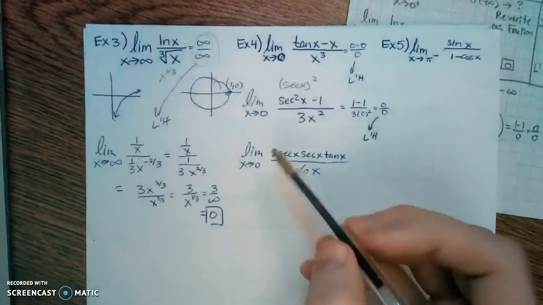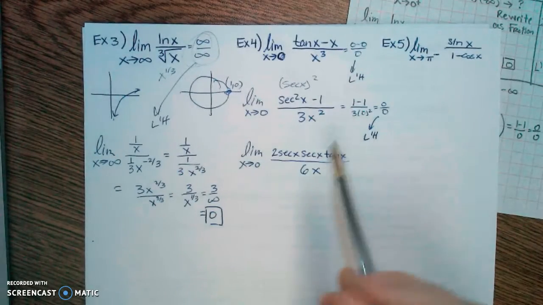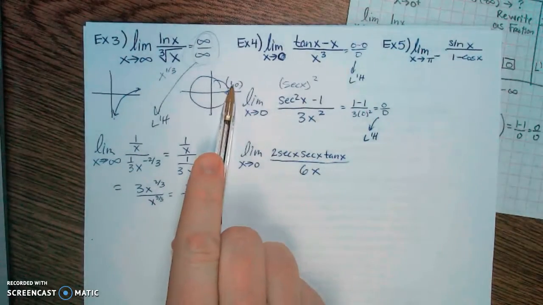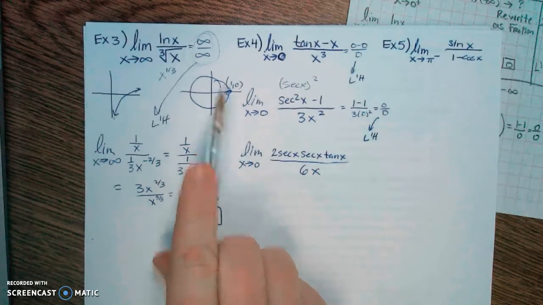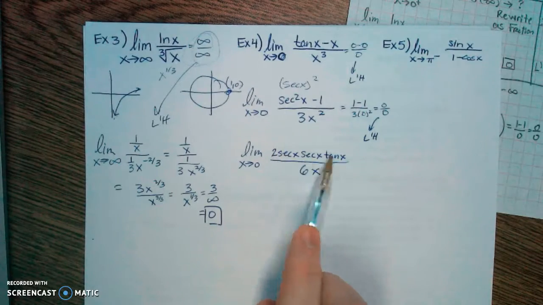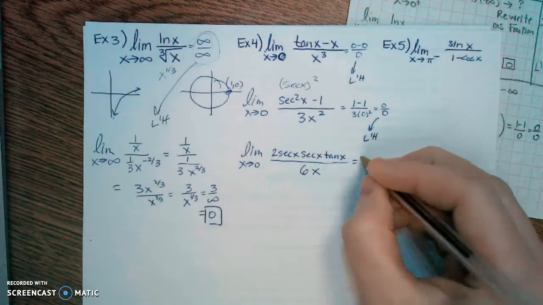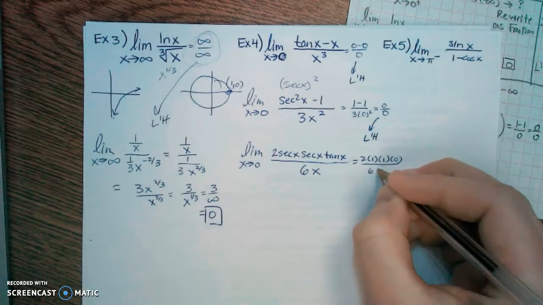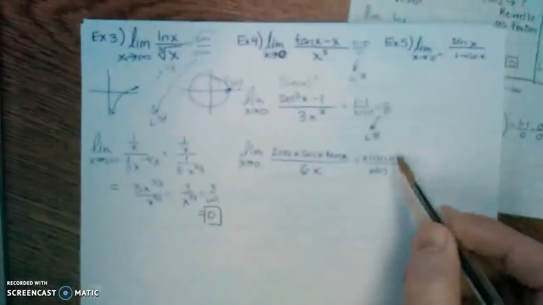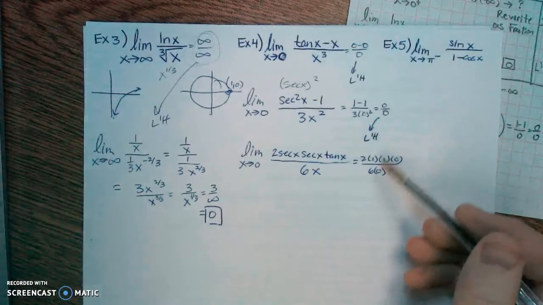And if I plug in 0 now, I have secant at 0, so look at the cosine, is 1. Tangent at 0 is 0, so I have 2 times 1 times 1 times 0 over 6 times 0. So I have that 0 over 0 again, which is indeterminate form.